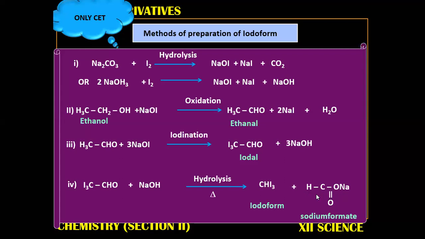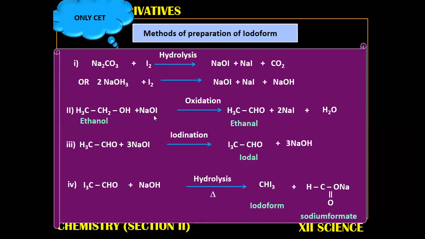There we got calcium formate, here we get sodium formate. Again, NEET JEE students will write all 4 steps. Okay, I'll repeat all the 4 steps. Sodium carbonate or sodium hydroxide reacts with iodine to form sodium hypoiodite.